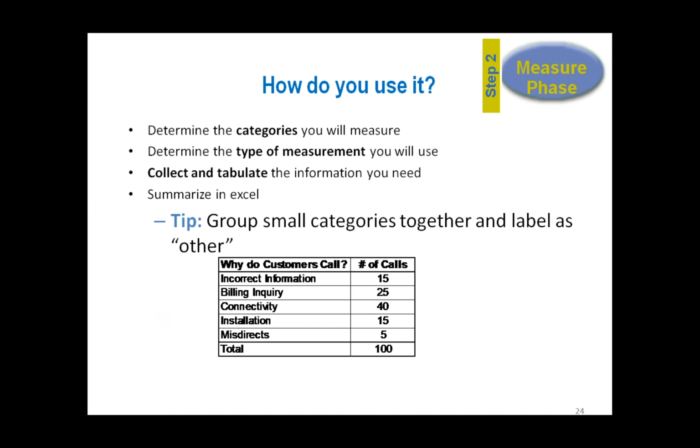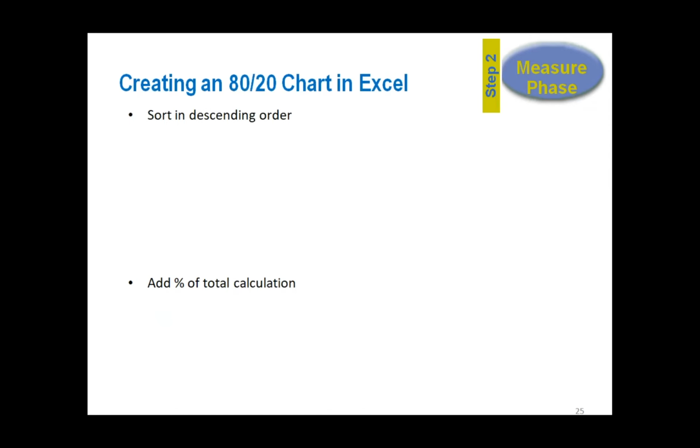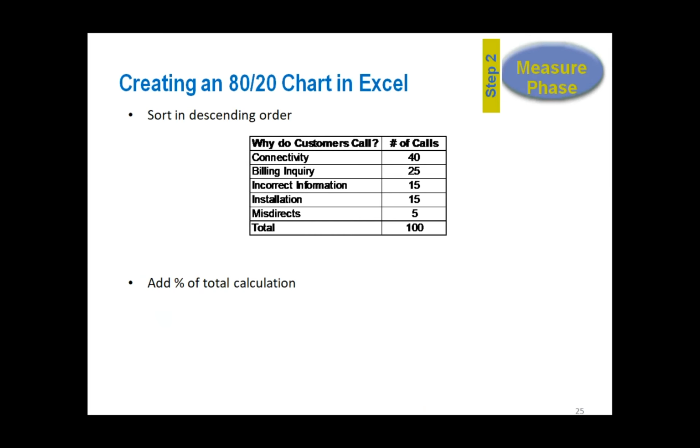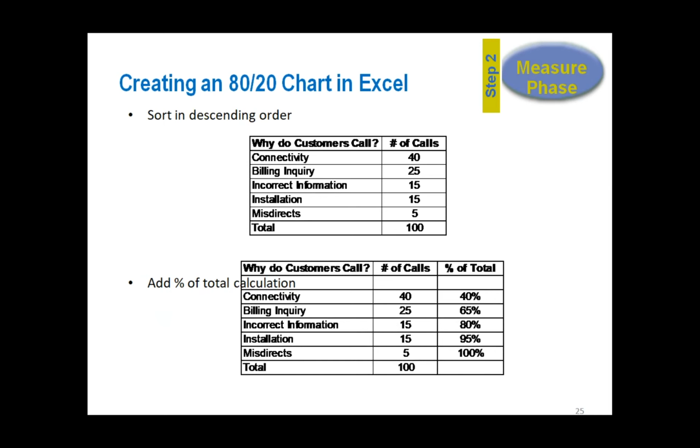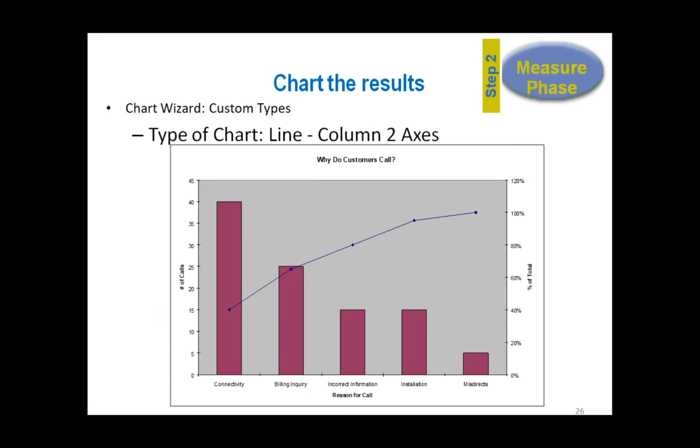So what we do is we sort them in descending order in terms of the number. Here we see the connectivity calls are maximum, 40, followed by billing inquiry, 25. Then we do a cumulative percentage of the total for each of the categories, and then we plot it in a chart.